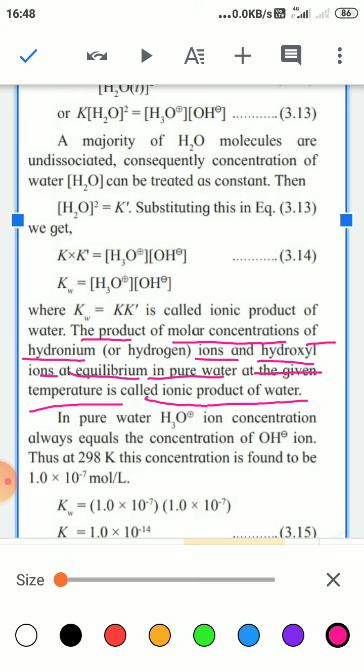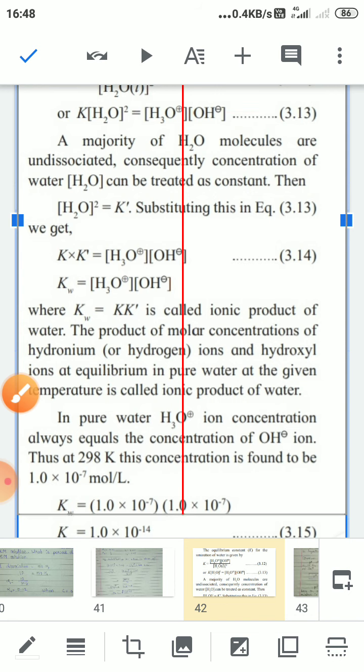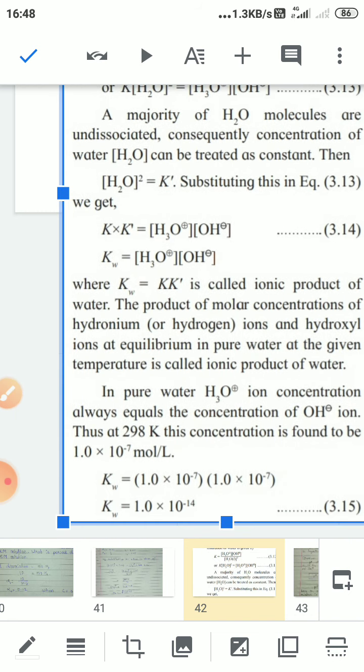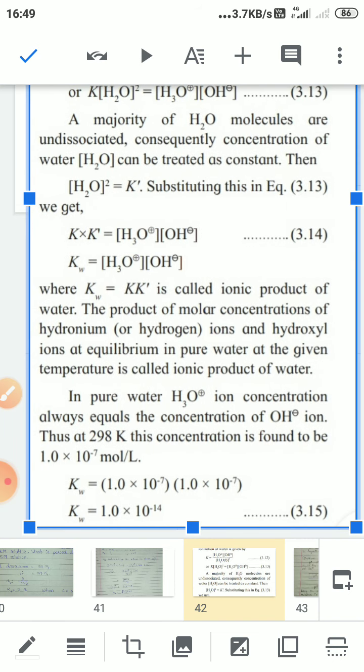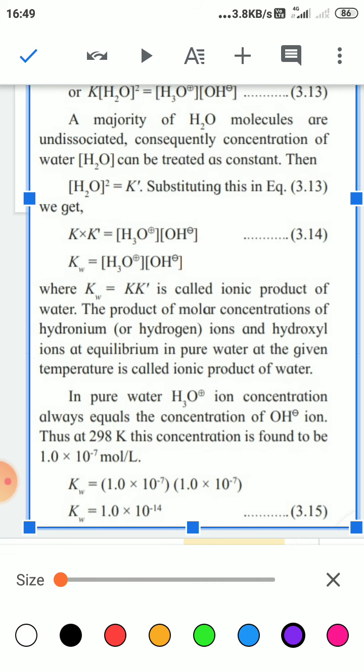Now see, in pure water, H3O plus ions, that means hydronium ion concentration, is always equal to the concentration of hydroxide ion, and therefore concentration of H3O plus ion and concentration of OH minus is always equal.